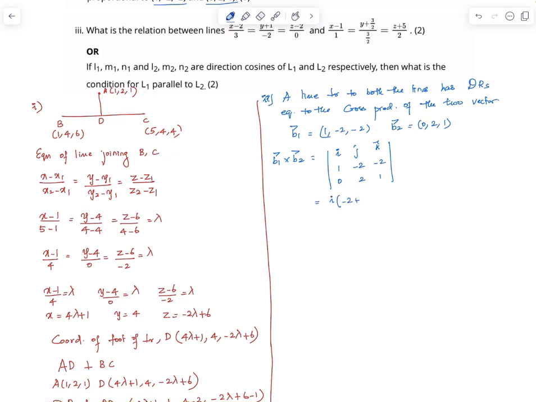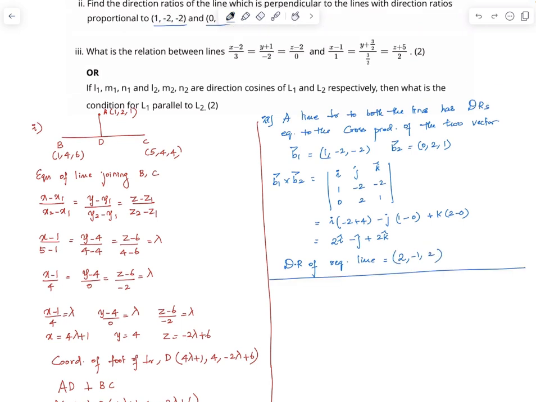I times minus 2 plus 4, minus j times 1 minus 0, plus k times 2 minus 0, which is 2i minus j plus 2k. So the direction ratios of the required line is 2, comma minus 1, comma 2.